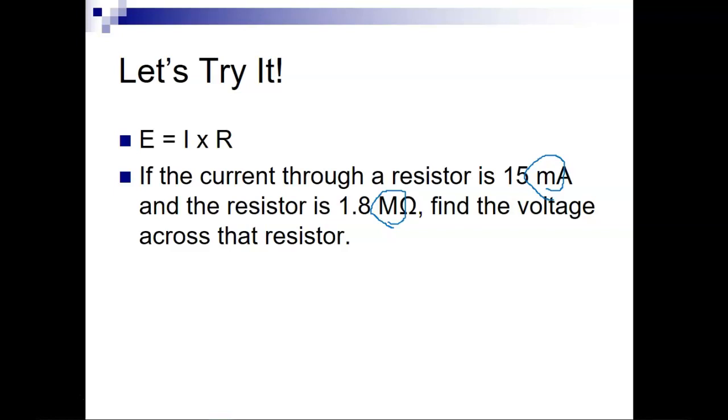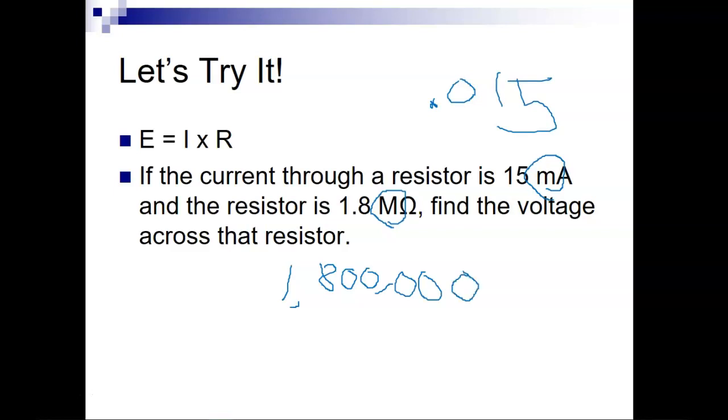So if you translate this, you have 0.015 times 1800 with 3 more zeros behind it. So what does that give us?